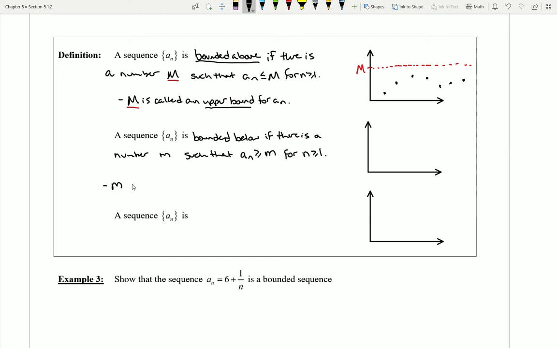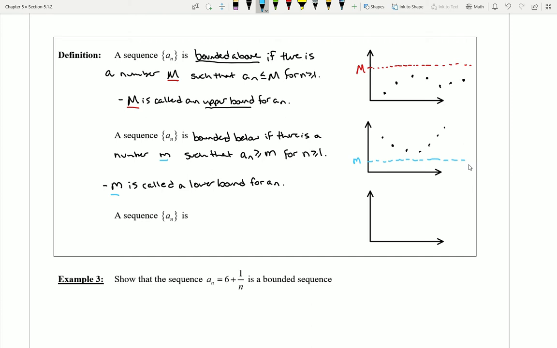And that would make little m be called a lower bound for A sub n. So pictorially, maybe I have a sequence that goes something like this. Maybe it even continues to go up and up forever after this point. But little m, which I'll draw here in blue, could just be some value for which no dot in the sequence ever goes below that line.